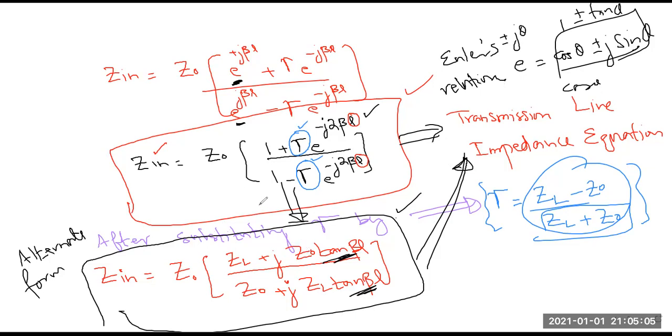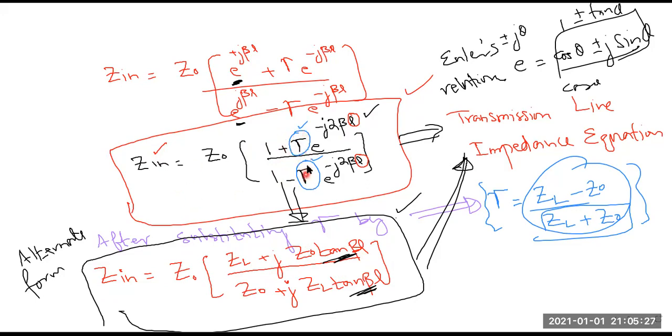So depending upon what information is given to you in the question, you can either use this equation to find impedance, or you can use this expression to find impedance. If reflection coefficient is given to you, then you can use this expression.